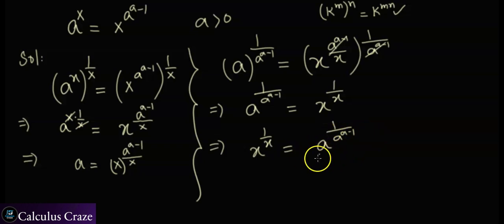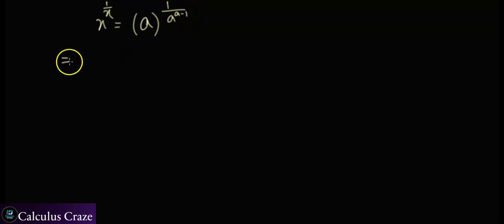Now I will play a trick over here, and the trick is going to be this. So I have got x raised to the power 1 over x equal to a raised to the power 1 over a minus 1.